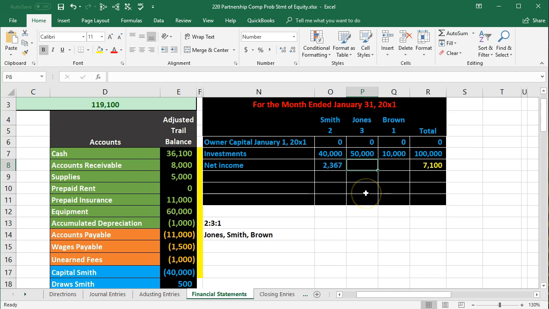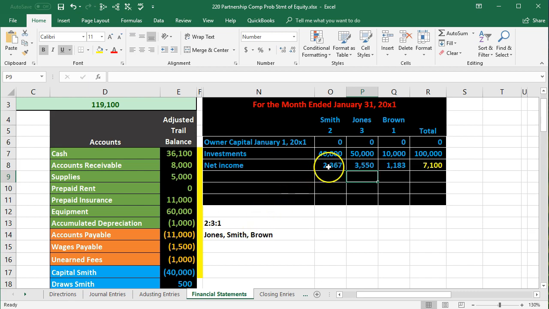Then we do the same thing here: this equals the 7,100 times 3 over 6, because he got 3, Jones, whoever Jones is. And then we'll do this one more time: this equals the 7,100 times 1 over 6. And there we have it.